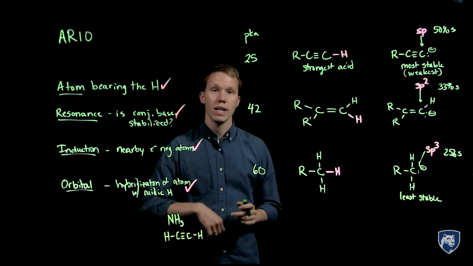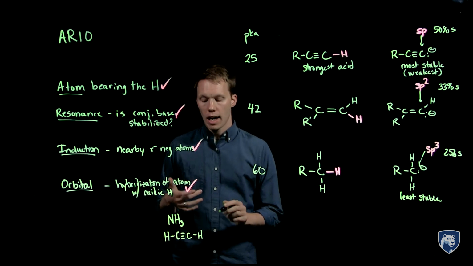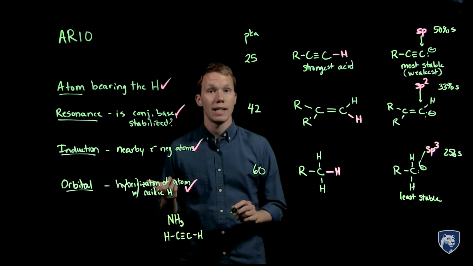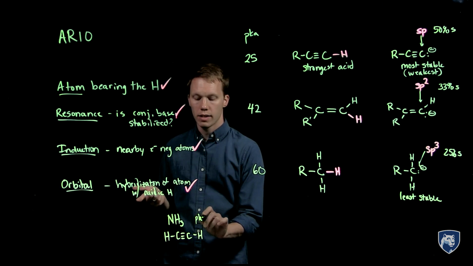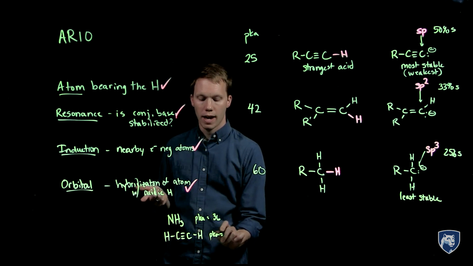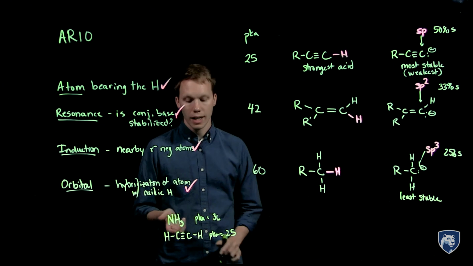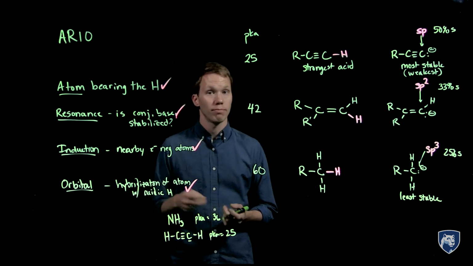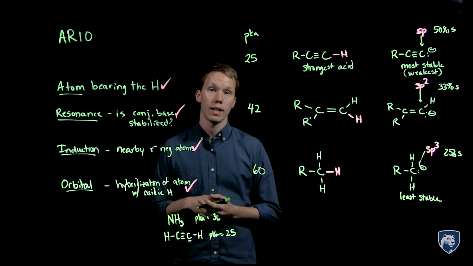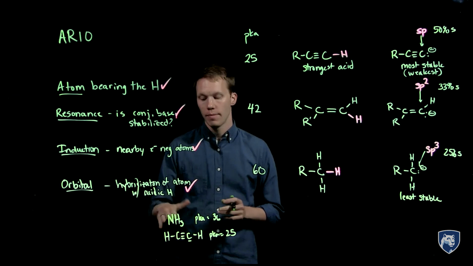Therefore, the NH3 is a stronger acid, which it should have a lower pKa, but it turns out that the pKa is 36 for ammonia and 25 for acetylene. So here's a case where orbital trumps atom. And this is one of the only exceptions that we're going to need to be familiar with.